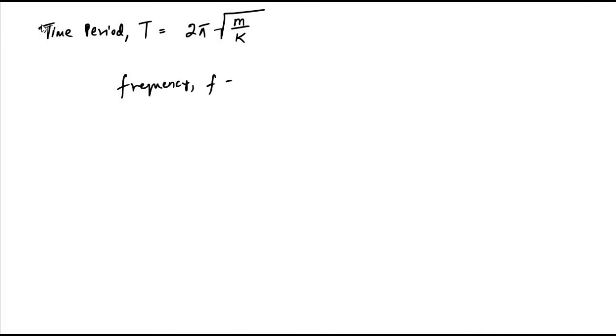The time period T is generally expressed as 2 pi root over m divided by k, where m is the mass of the block and k is the spring constant, and the frequency is the reciprocal of the time period, which is 1 by 2 pi root over k by m. This is the general principle.